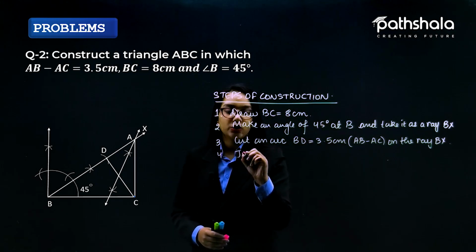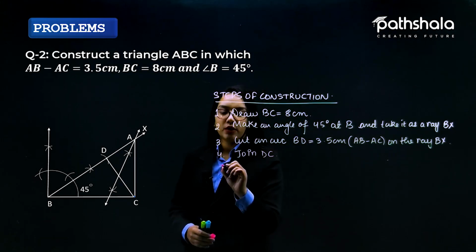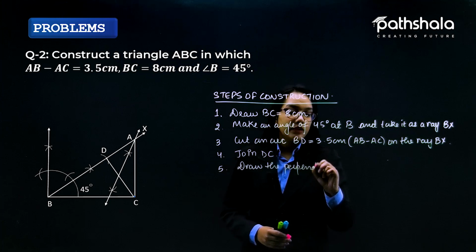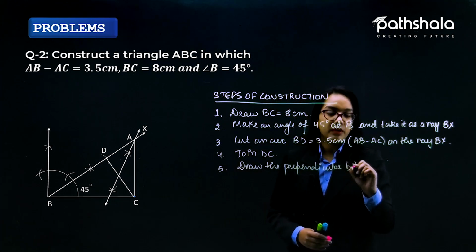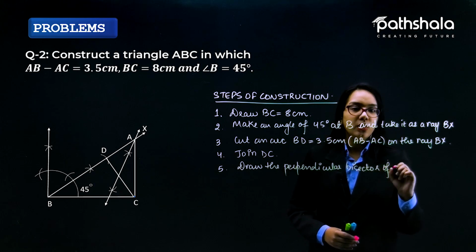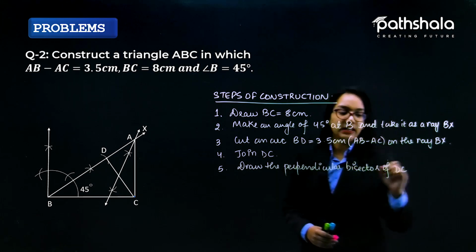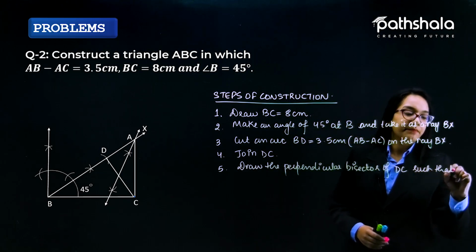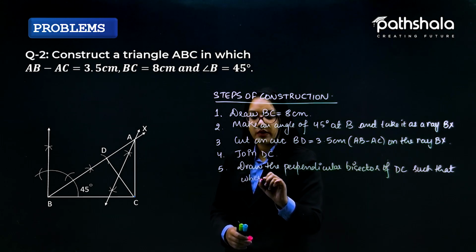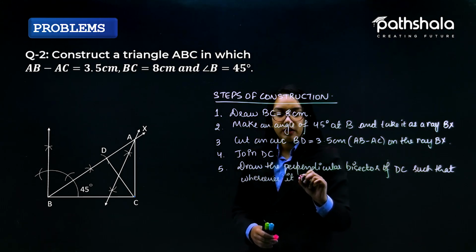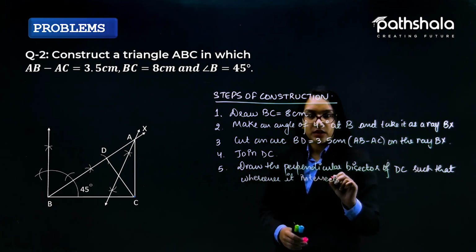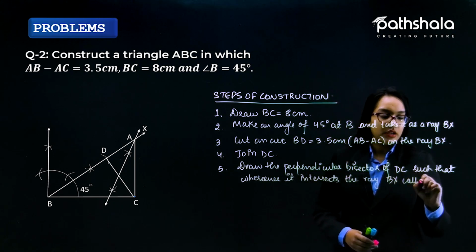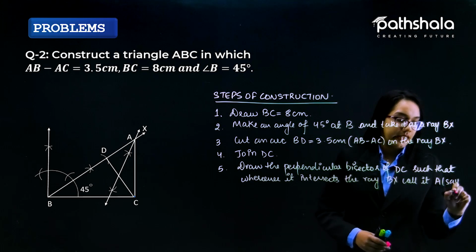The fourth is join DC. Fifth is draw the perpendicular bisector of DC, such that wherever it intersects the ray BX, call it A, say.